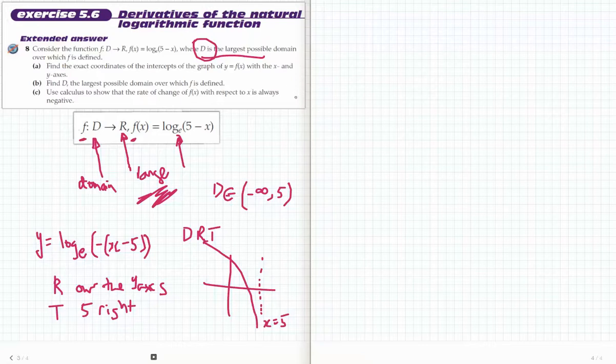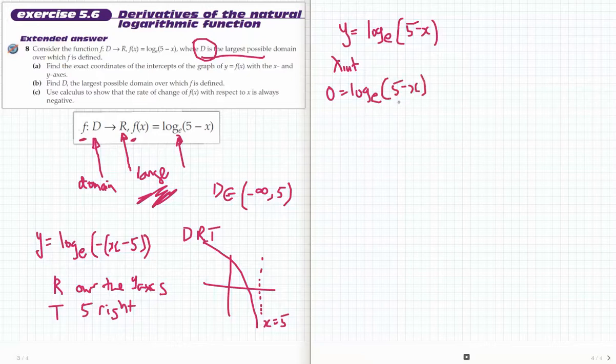Okay, part A, find the exact coordinates of the intercepts. So I have y equals log base e of 5 minus x. To find the x-intercept, let y equal 0. 0 equals log base e of 5 minus x.